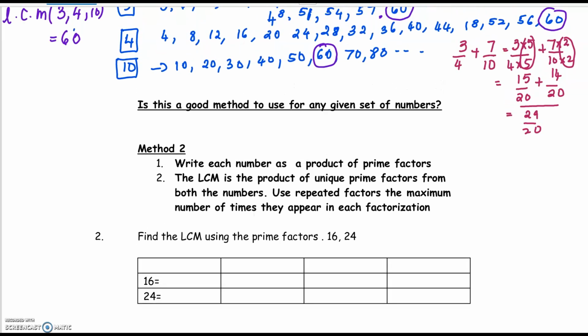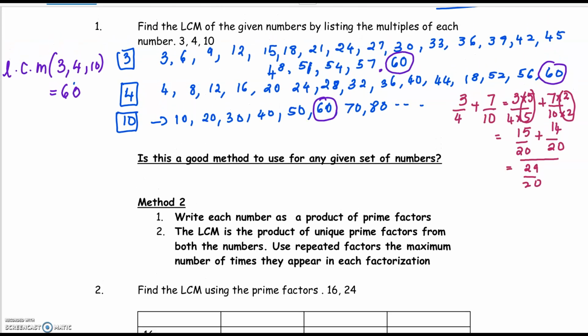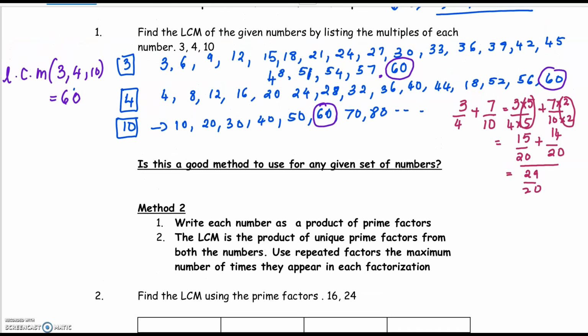Now notice that this method is tedious because we are listing the multiples and we don't know how long this list is going to be. If it was a pair of numbers, we found it quickly. If it's three numbers, it's a longer list. And sometimes it could even get longer. Sometimes the LCM of numbers is like 845. So you can imagine the number of numbers we have to write down before we identify the least common multiple.